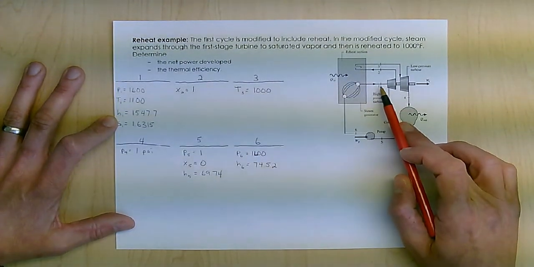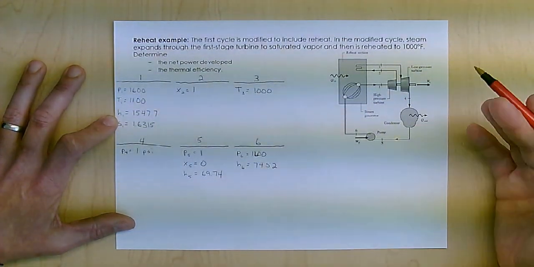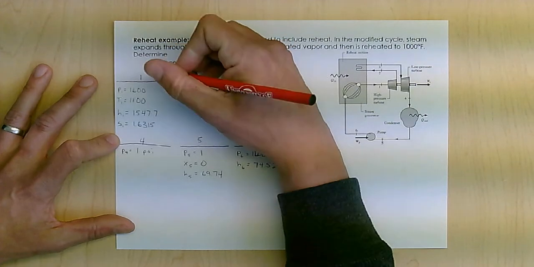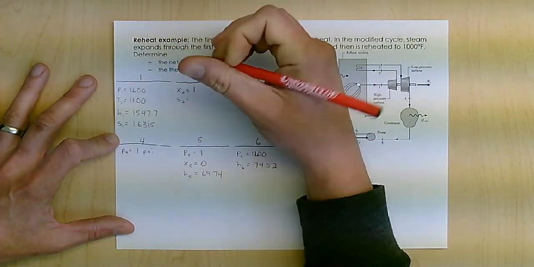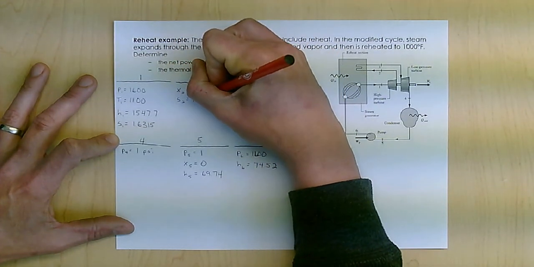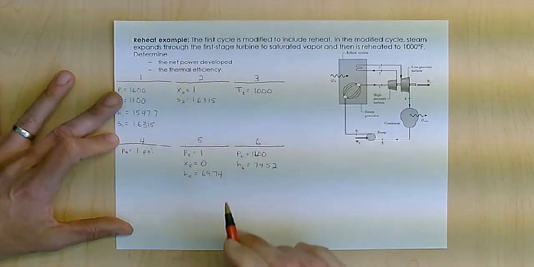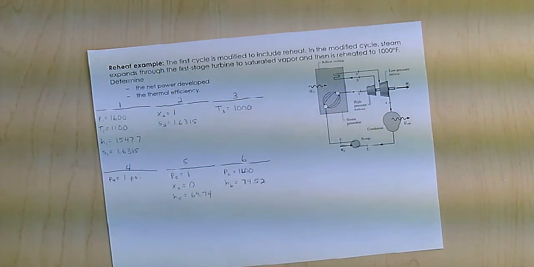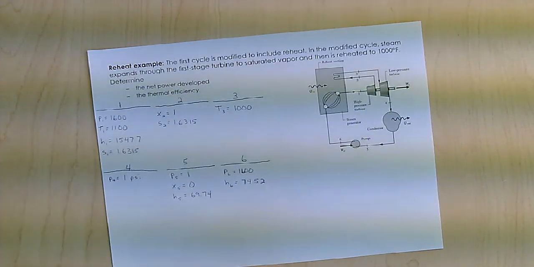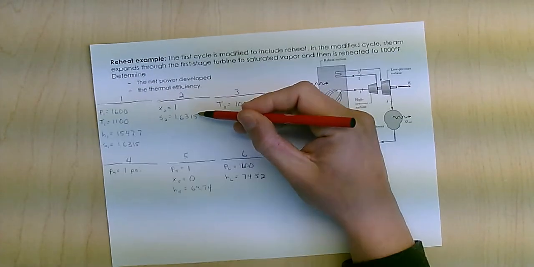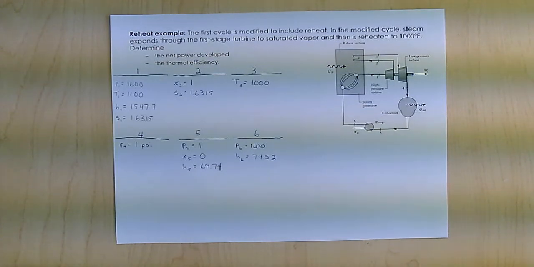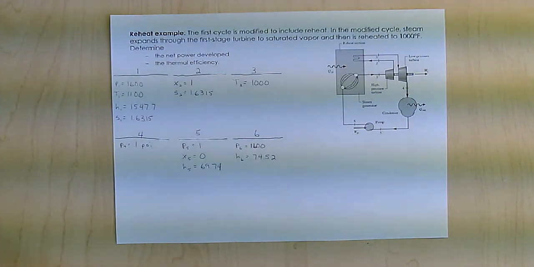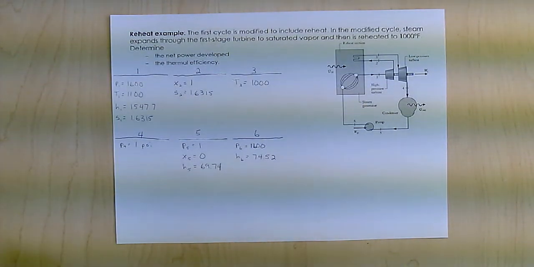Going from state 1 to 2 is passing through an isentropic turbine, meaning that S2 equals S1. So that's going to be 1.6315. So here's what I've got. I know I have a saturated vapor at an entropy of 1.63. So I'm going to go into my water table.